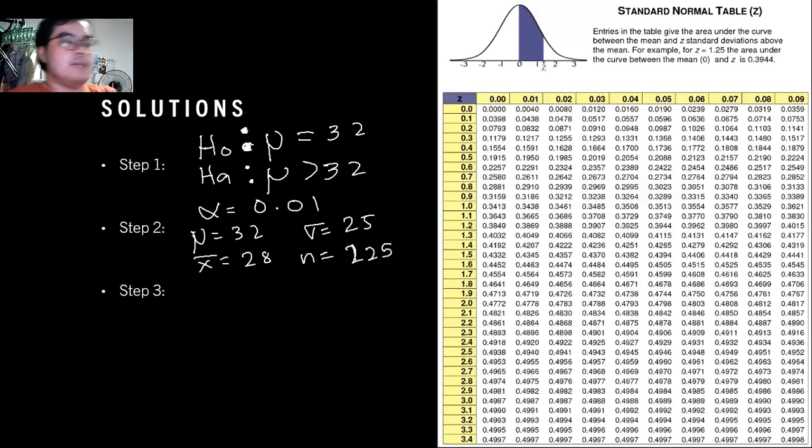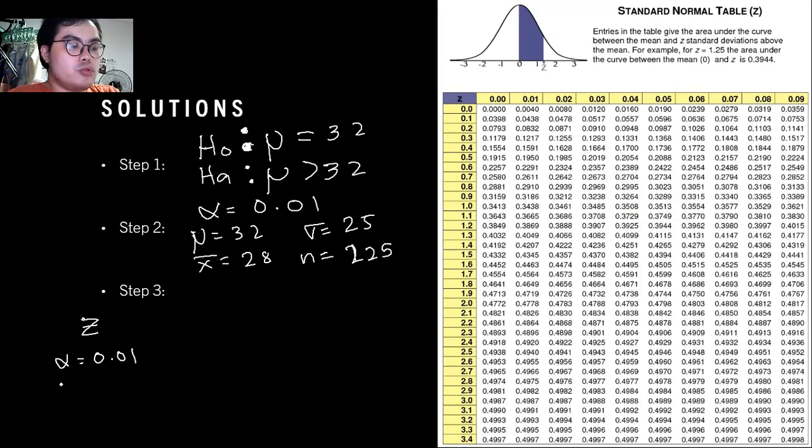Okay, so in step 3, we're going to use the z value. But before that, we're going to identify the critical region, or the critical value, first.